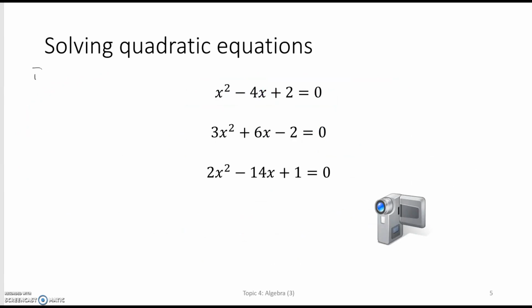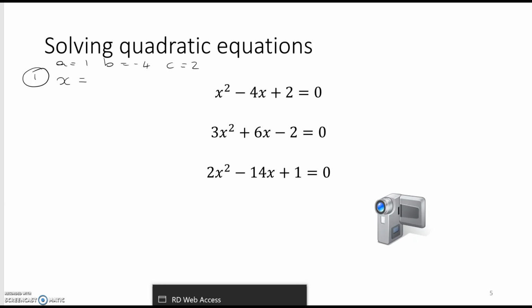Number 1. X is going to be equal to, now I like to write out A equals 1, B equals negative 4, C equals 2, because now I can put them directly into the formula.